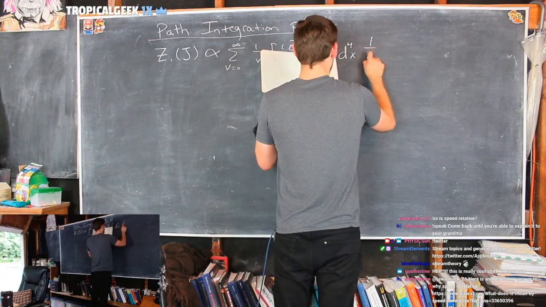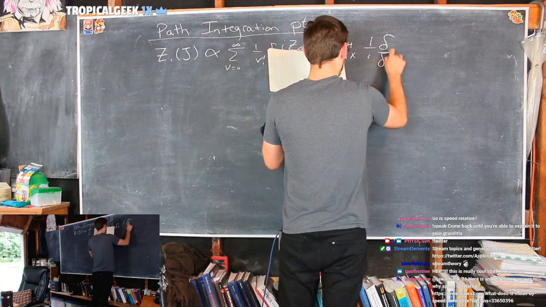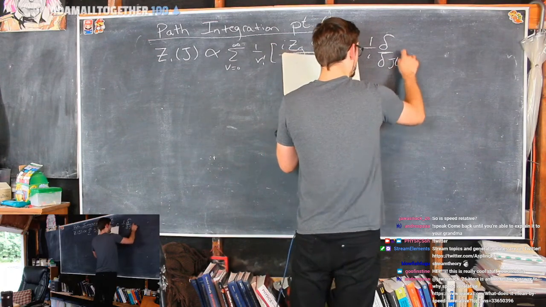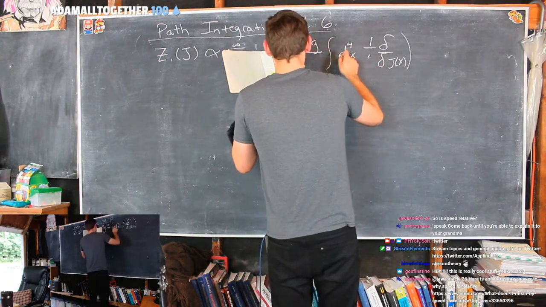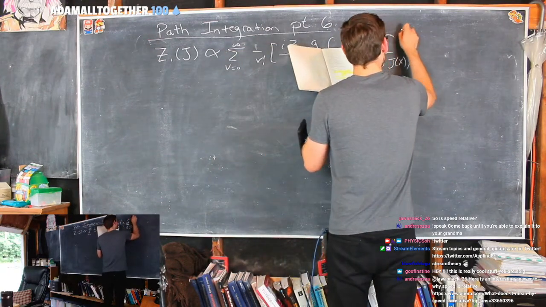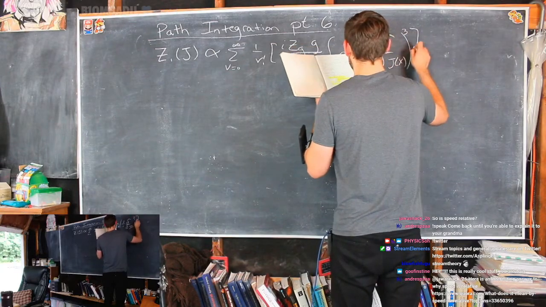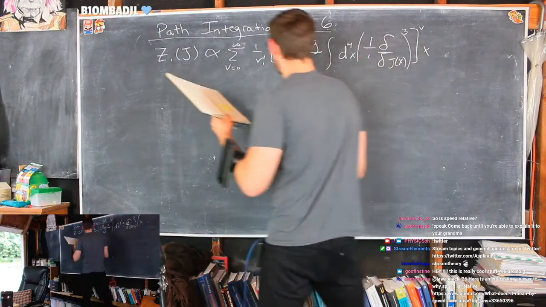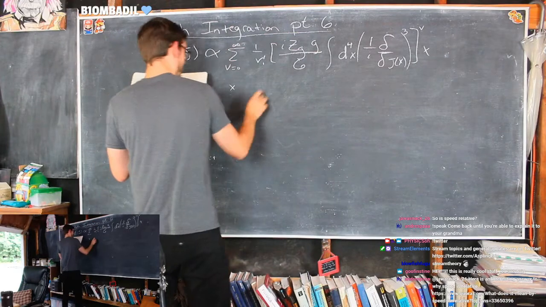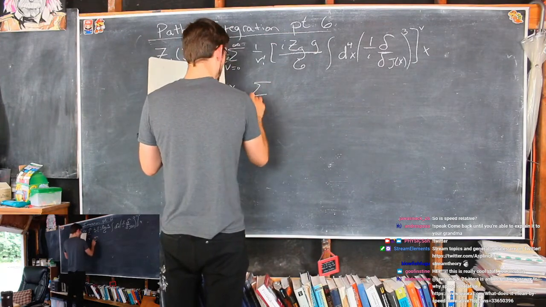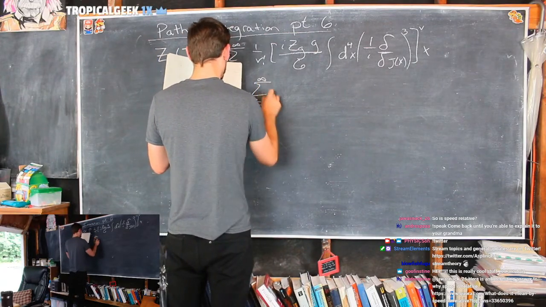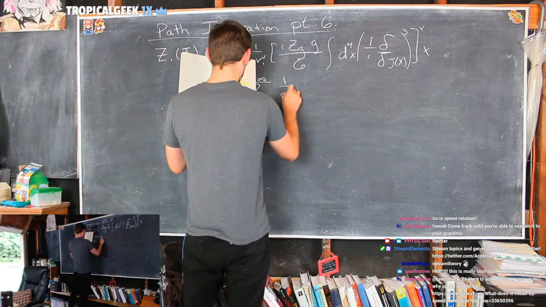1 over i, the functional derivative with respect to j of x, cubed, all to the power of v, times the sum over p equals 0 to infinity of 1 over p factorial.